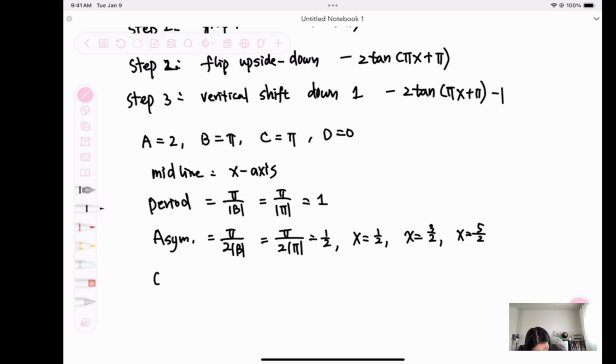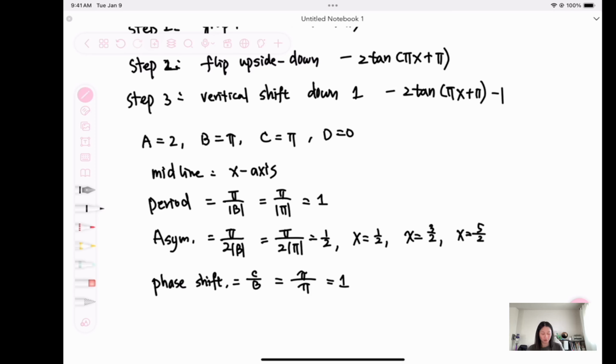So the center is going to shift because we have a phase shift, which is C over B. Our C is equal to pi, our B also equals pi.